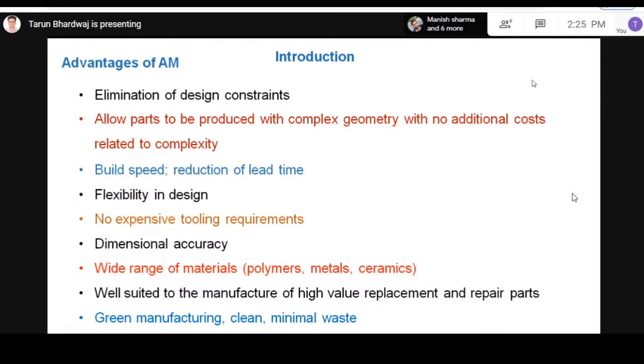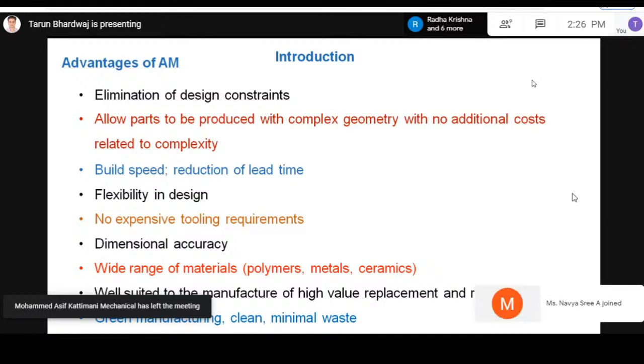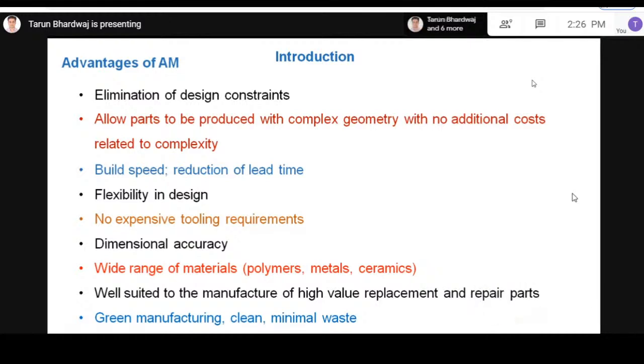And then we talk about the advantages of AM, what are actually the advantages. So we have the elimination of design constraints, because as I have already given the example of intricate shapes, complex shapes, lattice structures. We have a constraint for these particular designs, so it is quite difficult by the subtractive manufacturing process or any other process.